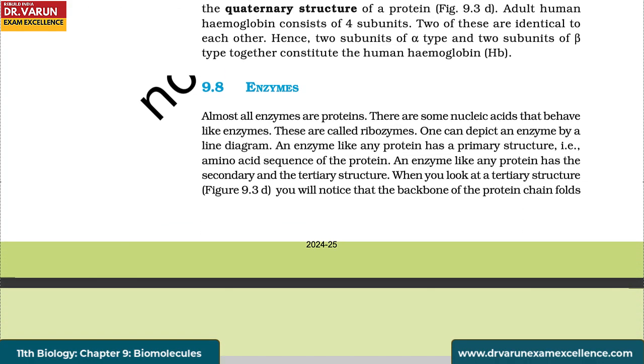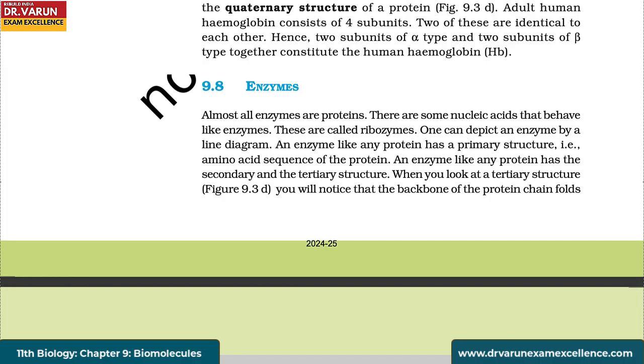Enzymes. Almost all enzymes are proteins. There are some nucleic acids that behave like enzymes. These are called ribozymes. One can depict an enzyme by a line diagram. An enzyme, like any protein, has a primary structure, that is the amino acid sequence of the protein. An enzyme, like any protein, has the secondary and the tertiary structure.